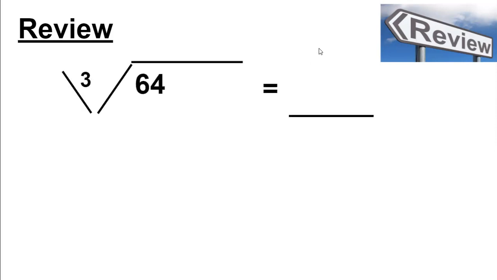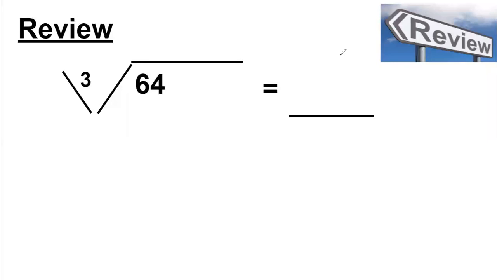This is the cubed root of 64. What is the cubed root of 64? Remember, it's a number that multiplied by itself 3 times will give you 64 as an answer. This little 3 here is called the index. So what number can I multiply by itself 3 times to give me 64? You can say in your head, 1 times 1 times 1 won't work. 2 times 2 times 2 will be 8.